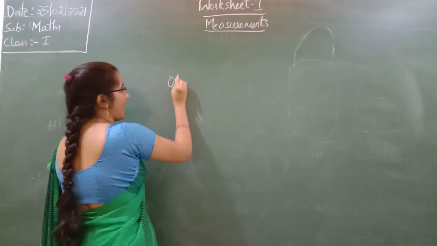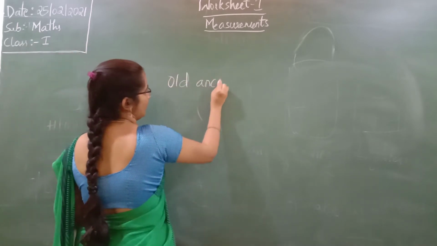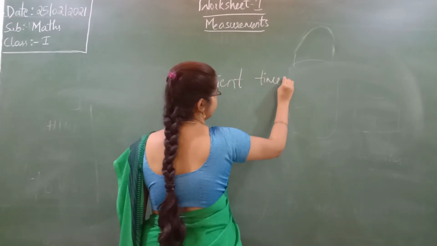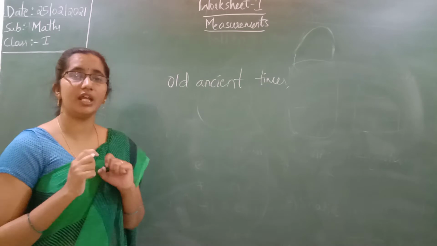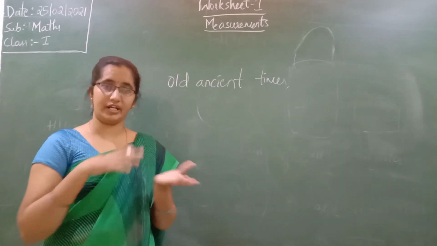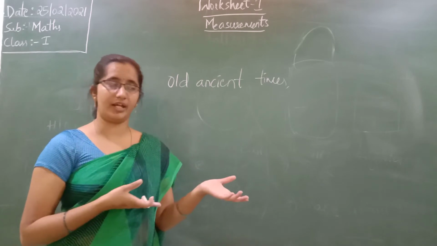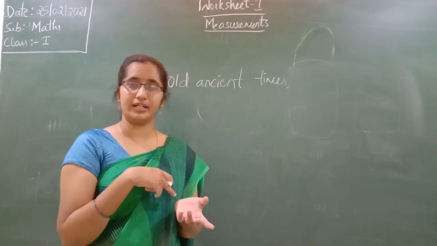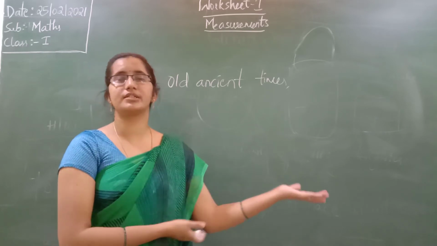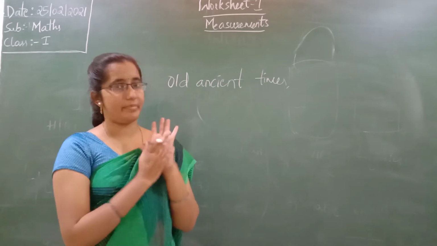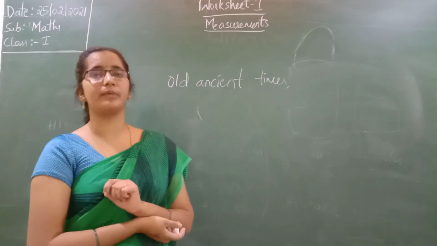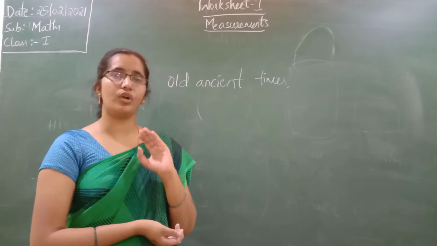In the olden ancient times, they didn't have any equipment like a scale or measuring circles. They used their hands, palms and fingers to measure. So they used body parts to measure in the olden ancient days.